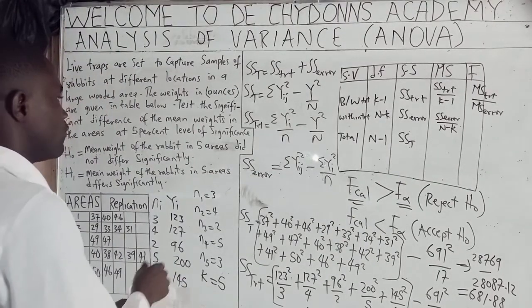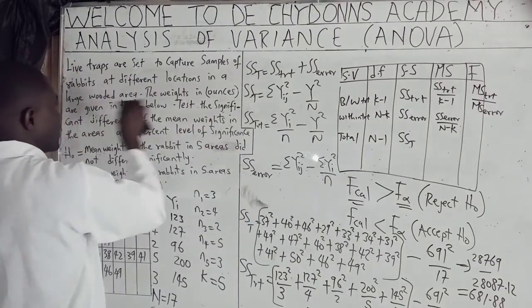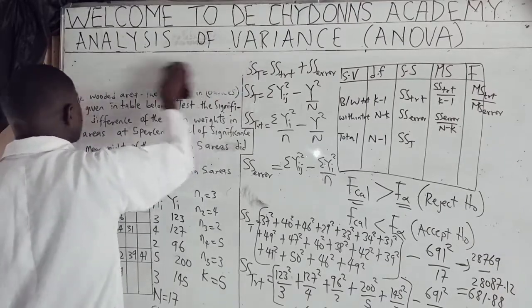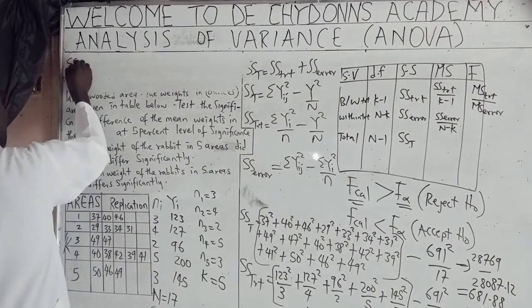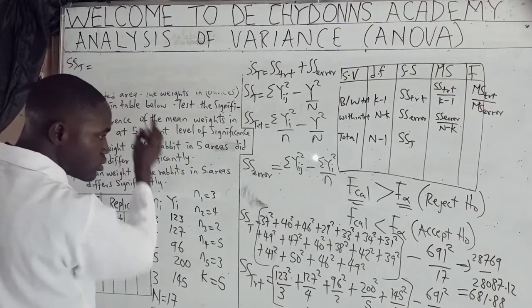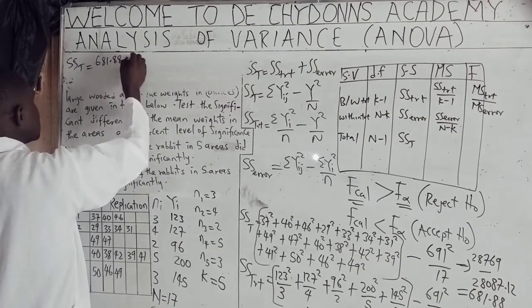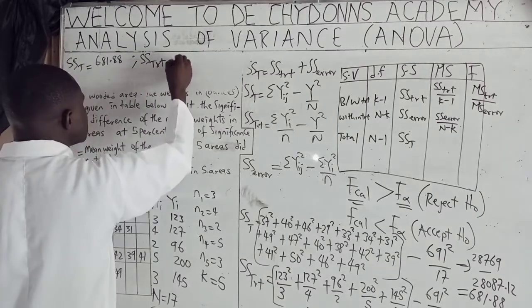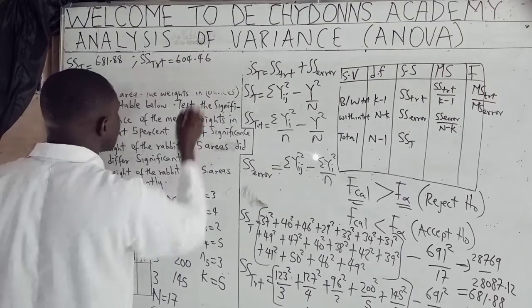From the formula we have that SS total equals 681.88 and SS treatment equals 604.46.